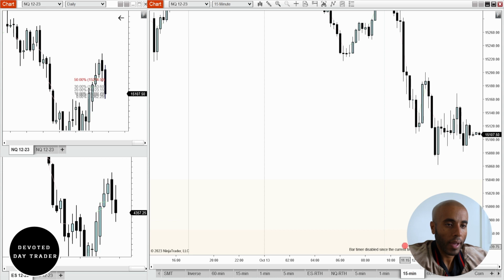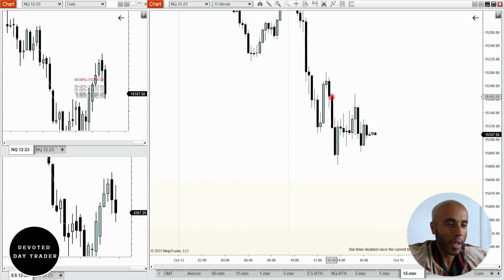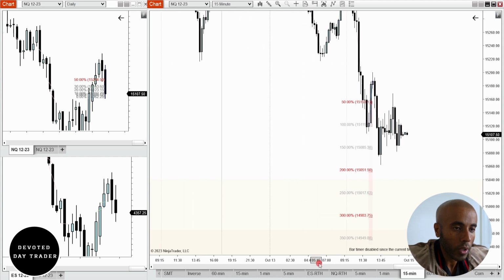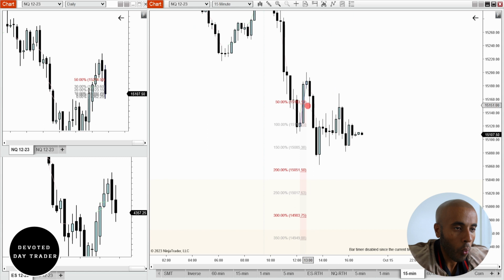And then I was looking at the 15-minute chart, and I was looking at 50% of the order block. If we just measure the bodies, you will see that it's at 153. So it was pointing to this area.